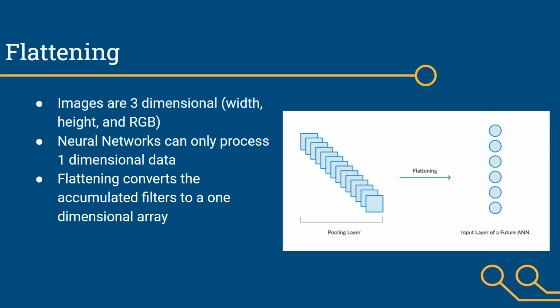And this makes it processable by a normal feed forward neural network. And this allows you to take the image transformations and turn them into actual predictions, which is why this is arguably the most important step of making a convolutional neural network useful, because it allows you to make the data predictable. But yeah, that more or less covers the actual fundamentals of what a convolutional neural network is.